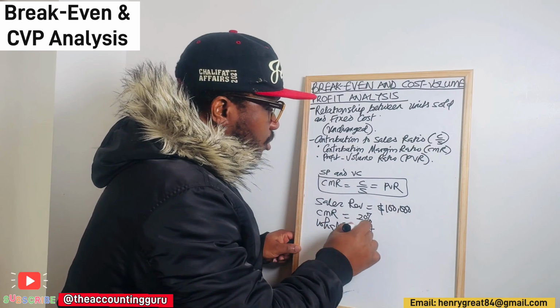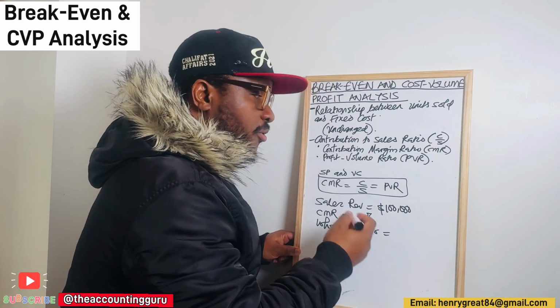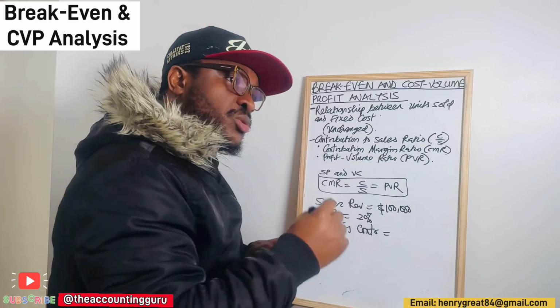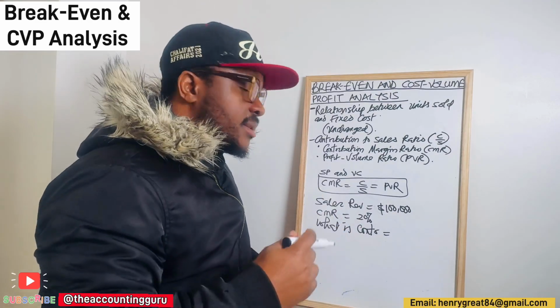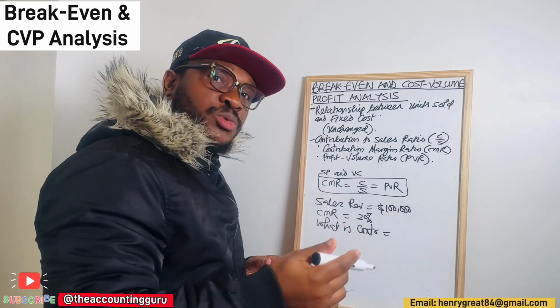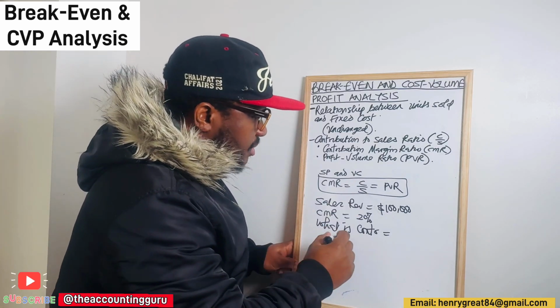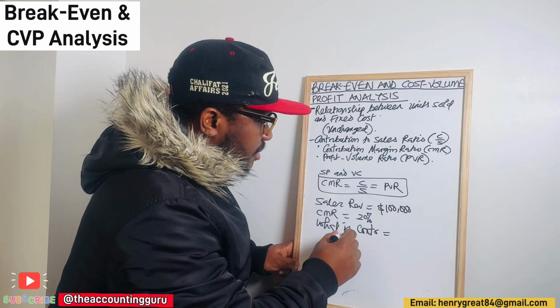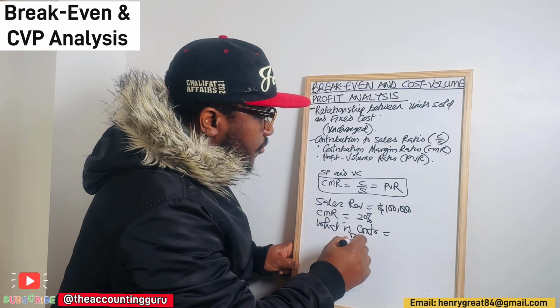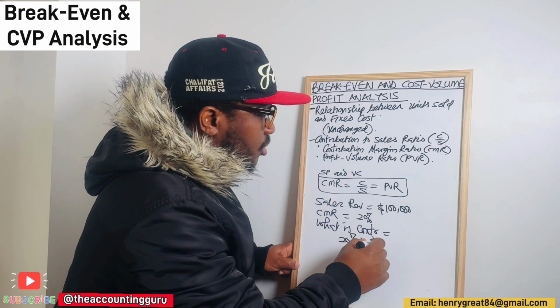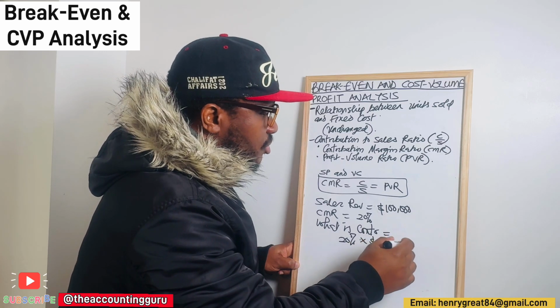We can get contribution using CMR. CMR in this question is 20%, so you say 20% of $100,000 sales revenue.